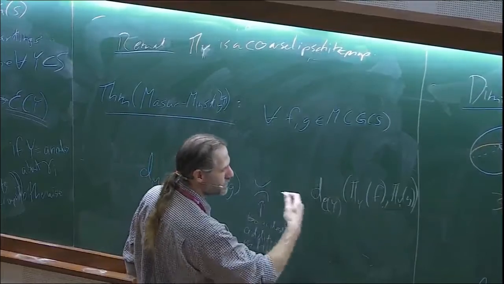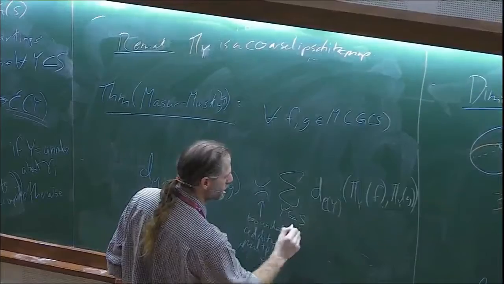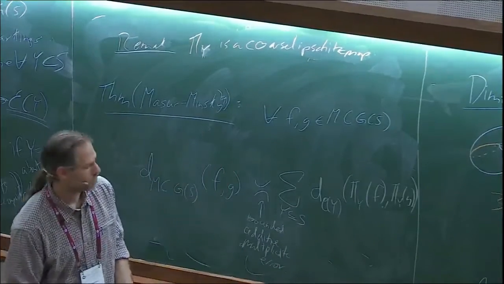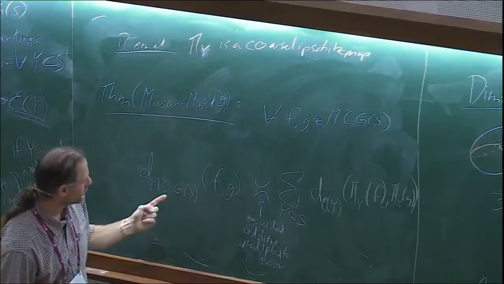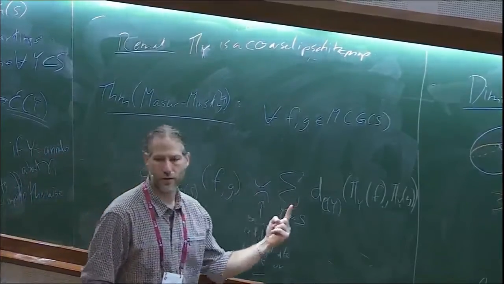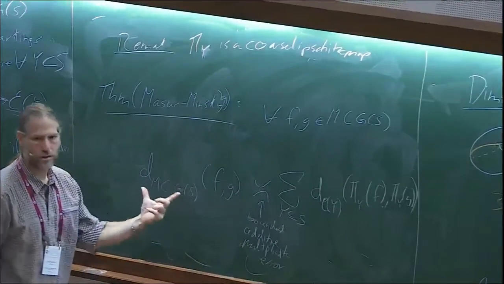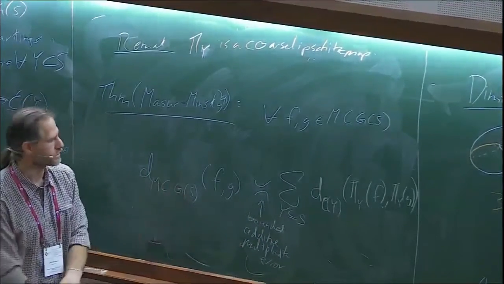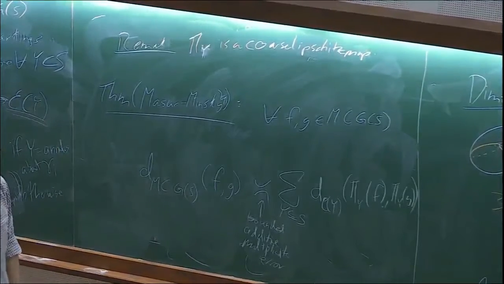And so I could take all those projections and sum them over all Y contained or equal to S. What their theorem says, lying slightly, is that up to uniformly bounded error, this sum gives you the actual distance. This is often called the quasi-distance formula or the distance formula in the mapping class group.